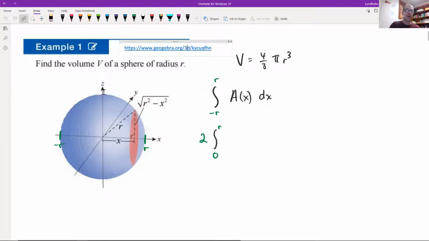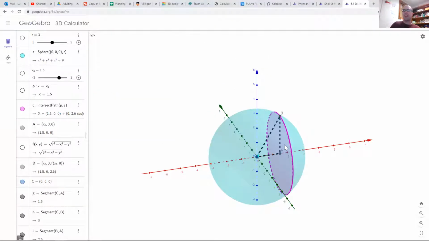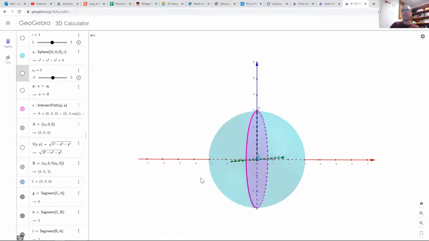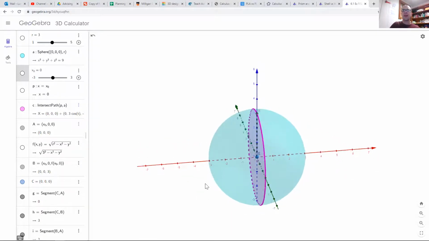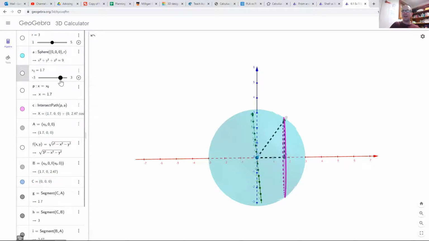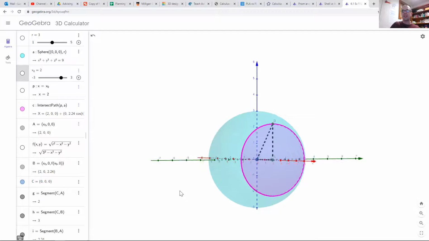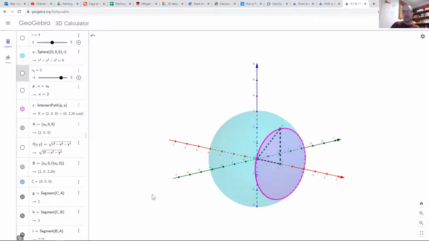There actually will be a great circle when we go through the z-axis, and that one circle would have the same radius as the sphere. If we were at x equals 0, we would have a great circle that has the same radius as the sphere. But when we're down this way, that circle has a smaller radius than the sphere, and the radius is given by this vertical distance.